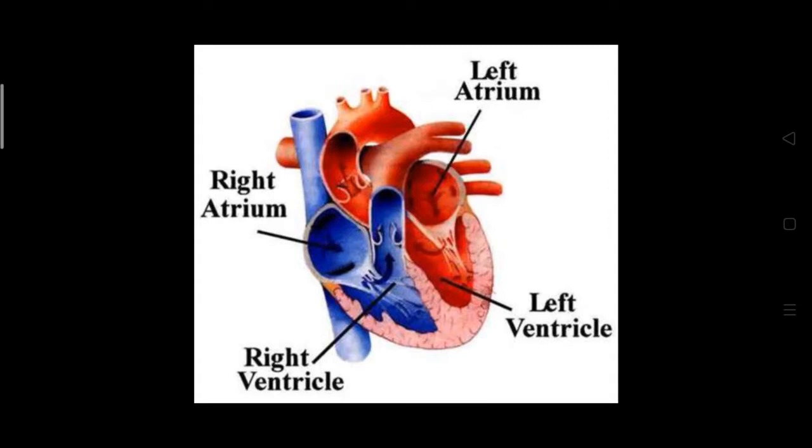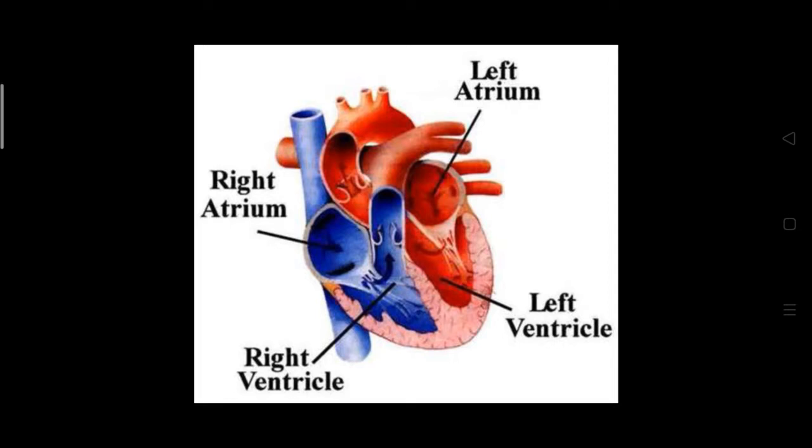What will happen if the blood rich in oxygen and the blood rich in carbon dioxide mix with each other? To avoid this from happening, the heart has four chambers. The two upper chambers are called atria, that means right atrium and left atrium.